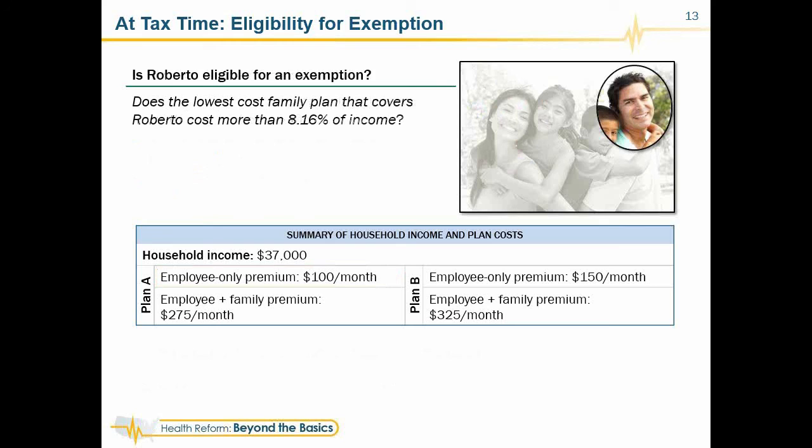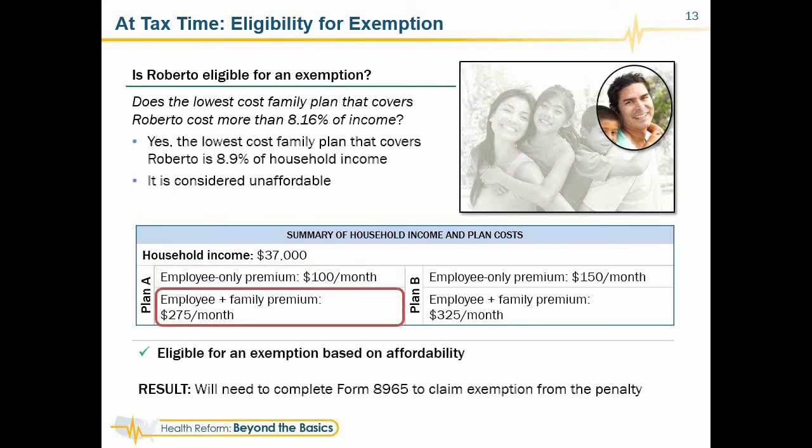So her husband, is he going to be eligible for exemption? Here the answer is yes, because now that we're in exemption land, we're no longer looking at whether Monica's plan was affordable. We're looking at whether the plan that's available to Roberto was affordable.